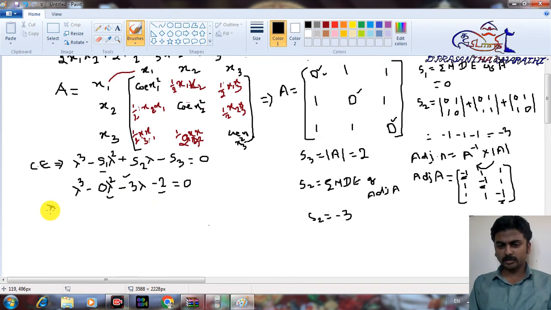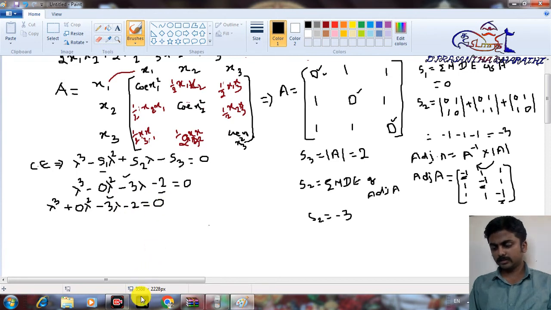So we want to find the roots of this characteristic equation. Lambda cube, plus or minus 0 lambda square, minus 3 lambda, minus 2 equal to 0.